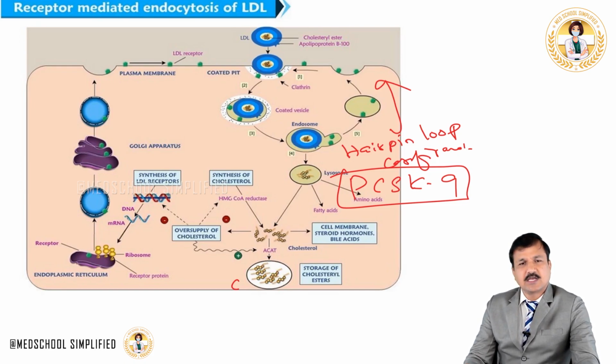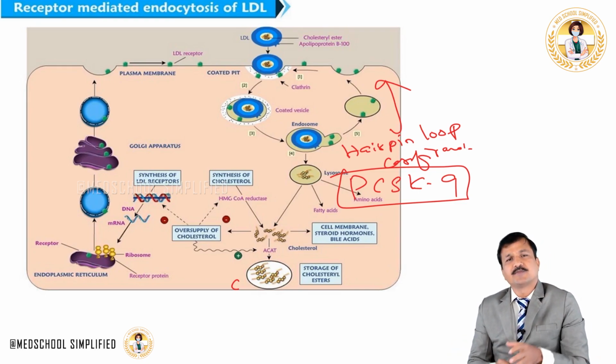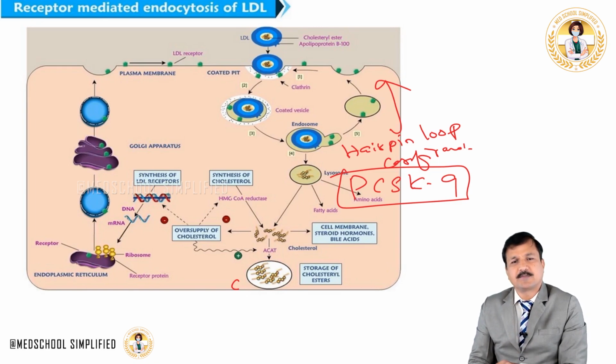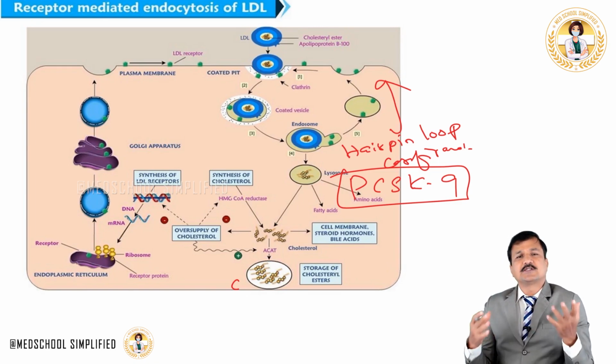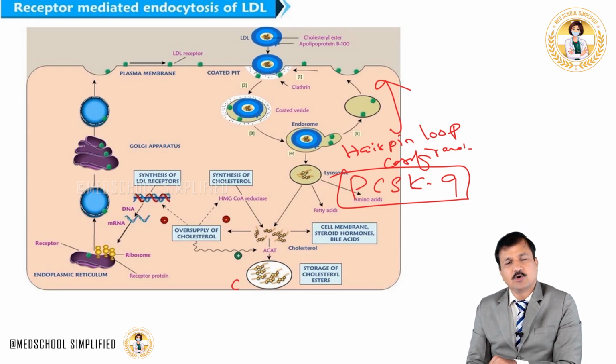That means PCSK9s will inhibit hairpin loop conformation in the LDL receptor. That means the LDL receptor is not separated from LDL, so the entire LDL receptor along with the LDL is degraded by lysosomal enzymes, because they both are not separated. And that's what PCSK9s will do.